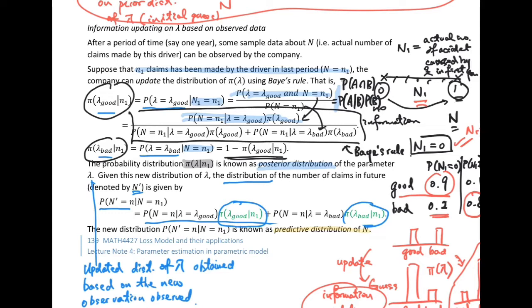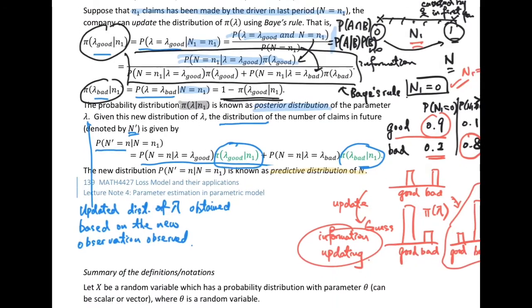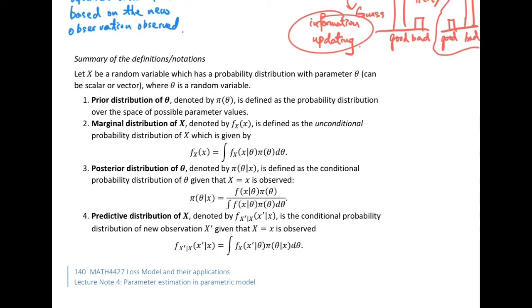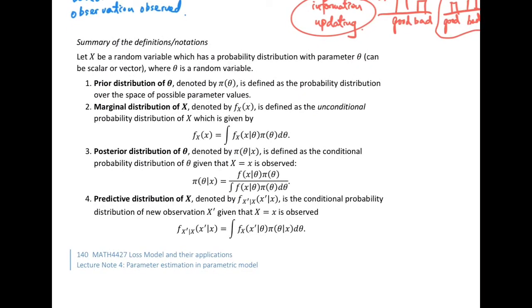Okay, so this is the process of Bayesian estimation. Just a quick summary: the Bayesian estimation is carried out as follows. We let S be a random variable which has a certain distribution involving the parameter theta.